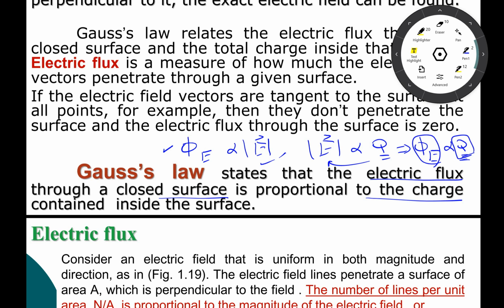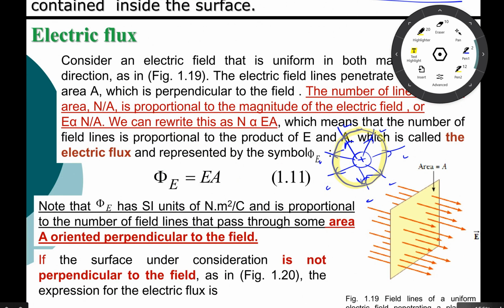But how do we count the number of field lines that pass through a surface? For example, if we have a surface, and these arrows show the field lines, actually the number of the field lines is the value of the field multiplied by the area of that surface.